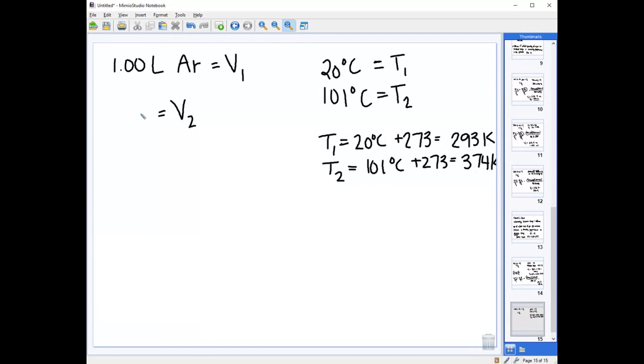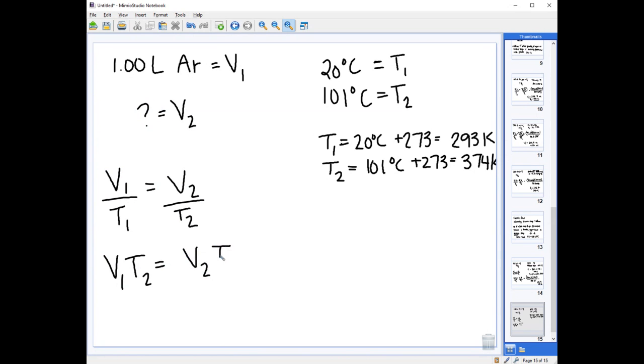I'm looking for V2. So my equation, V1 over T1 equals V2 over T2. I'm going to cross multiply to get rid of my fractions and divide both sides by T1, so that I'm left with my V2 here by itself.